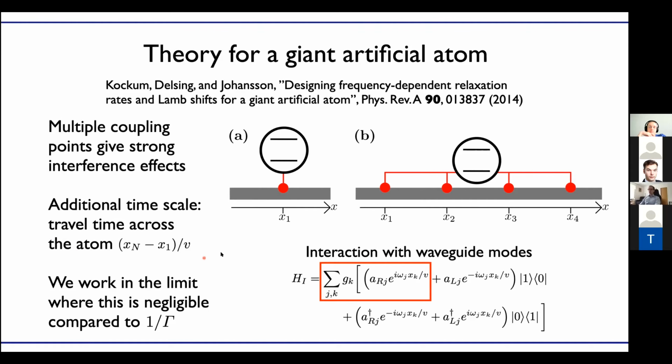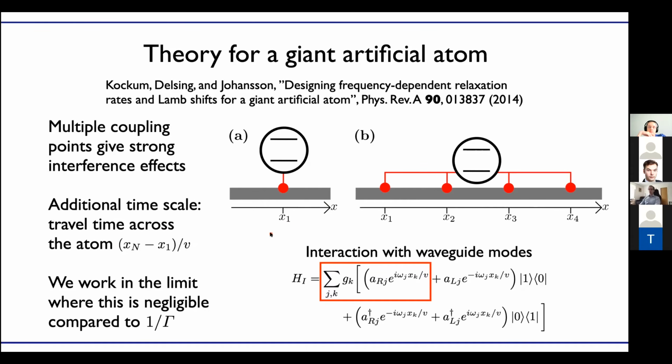So one thing that's new that you need to think about going from a small atom to a giant atom like this is that you have a new time scale in the problem. And that time scale is the time it takes to travel between these coupling points in the transmission line.